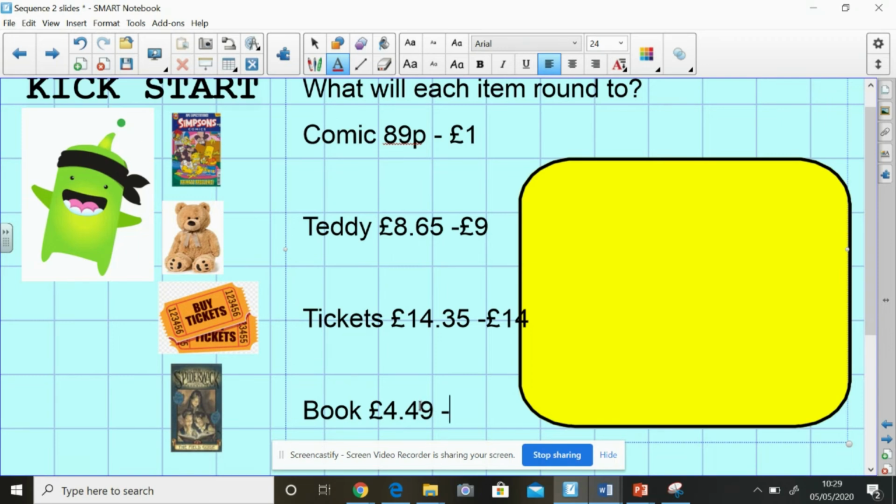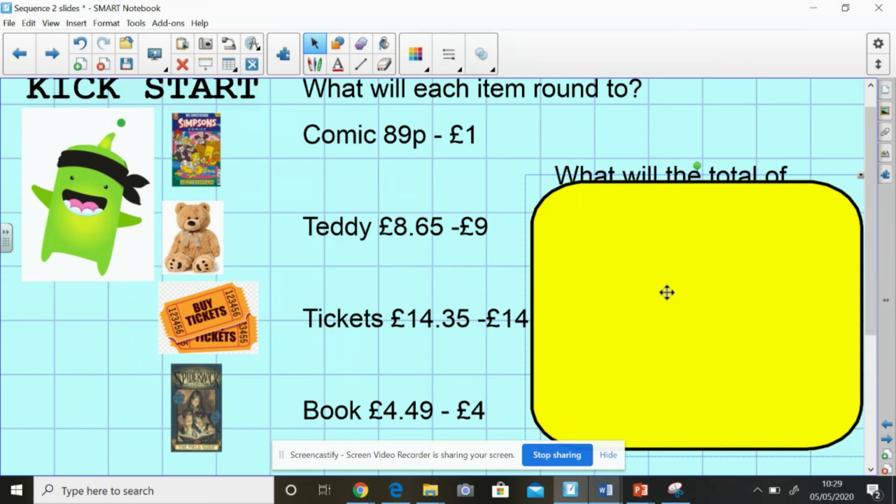So we go to the tenths column, the number after the decimal place, it is a 4. So it is rounded down because it is below 5. So that gets rounded down to £4. So there I've rounded. I haven't drawn any number lines, but you might have, and that is perfect.